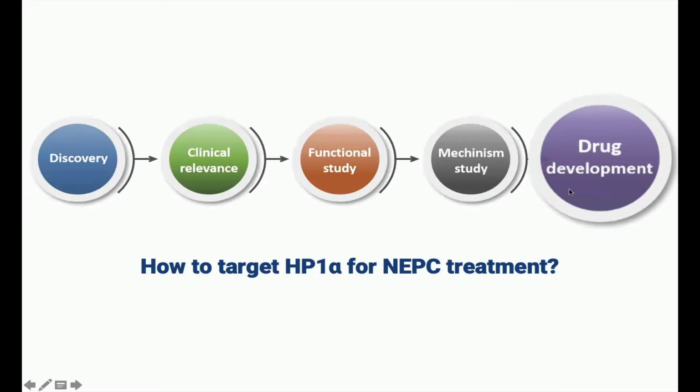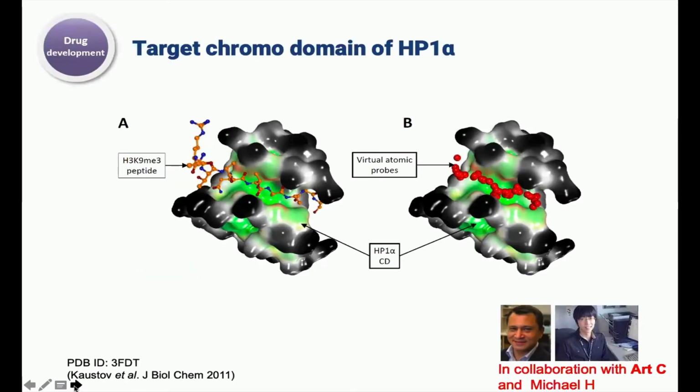So we're wondering, can we translate this knowledge into drug development? This is the direction we're heading in, again in collaboration with Art and Michael, and we're trying to target the chromo domain of HP1 alpha.